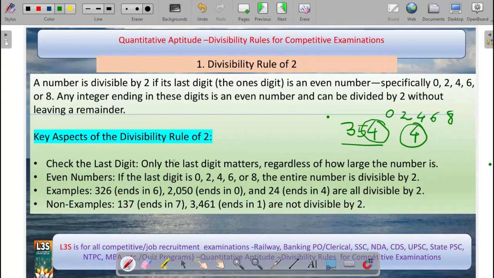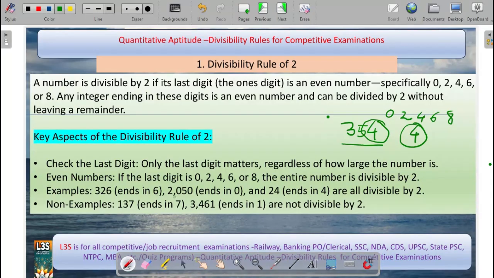So the key aspect of the divisibility rule of 2: check the last digit. Only the last digit matters here, regardless of how large the number is. If the last digit is 0, 2, 4, 6 or 8, the entire number is divisible by 2. Example 326. It ends with 6.